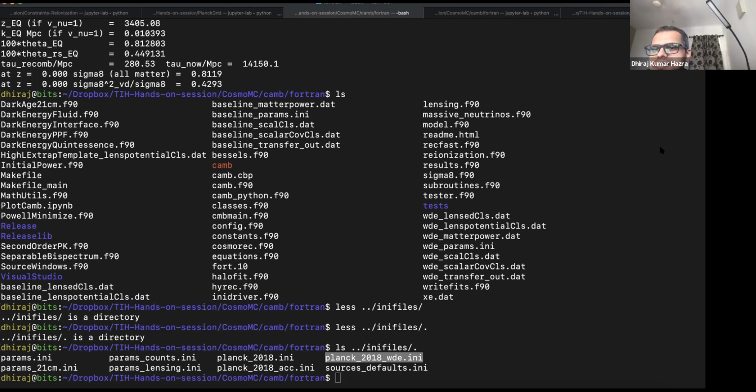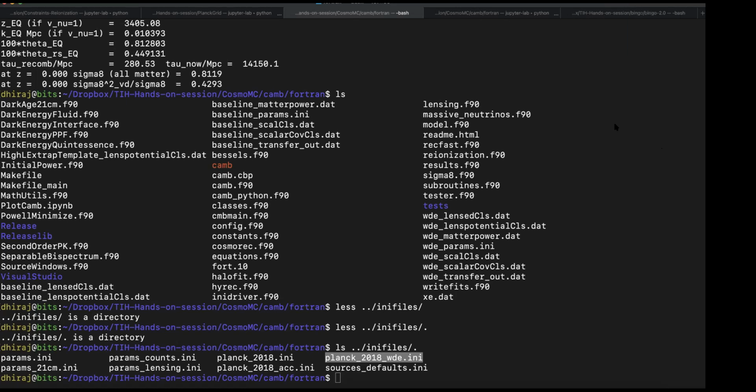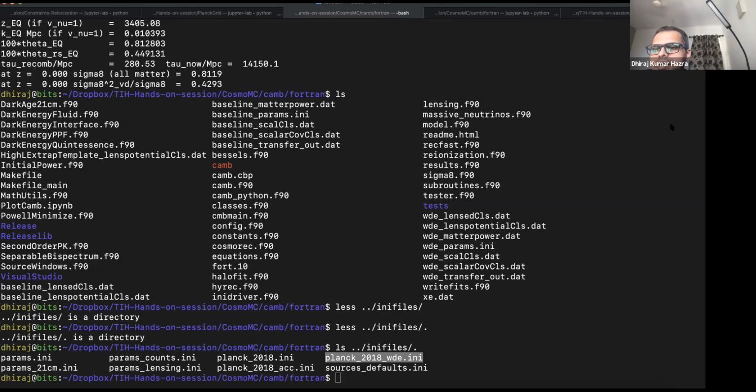No, ini files doesn't have this. You are in the Fortran. I can see that. Okay, CD ini files. It is showing no such file or directory, but it is showing there is a folder called ini files. Yeah, but it should be. It is not in there.